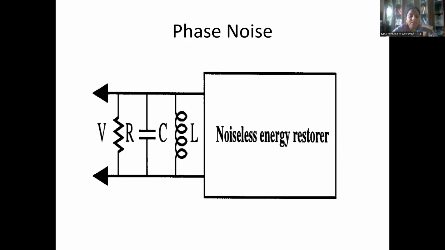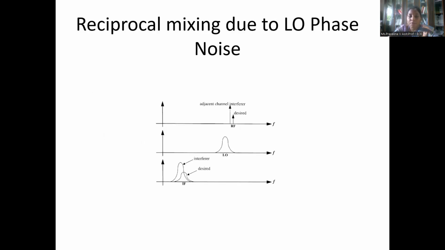It represents a system where the losses in the RLC circuit are compensated by restoring the energy without adding any noise, and it will maintain a sustainable oscillation. So this is a graph.